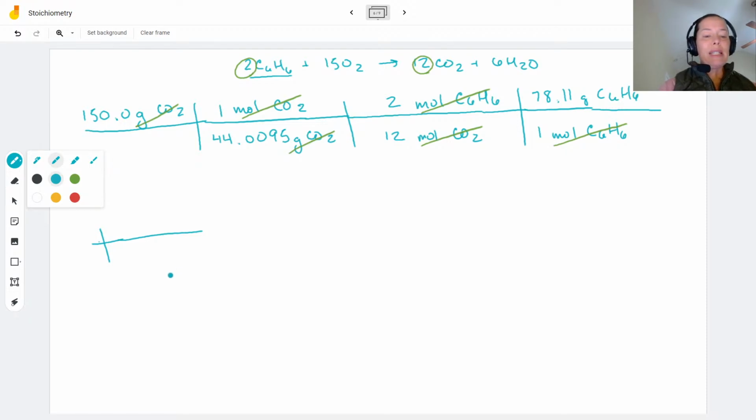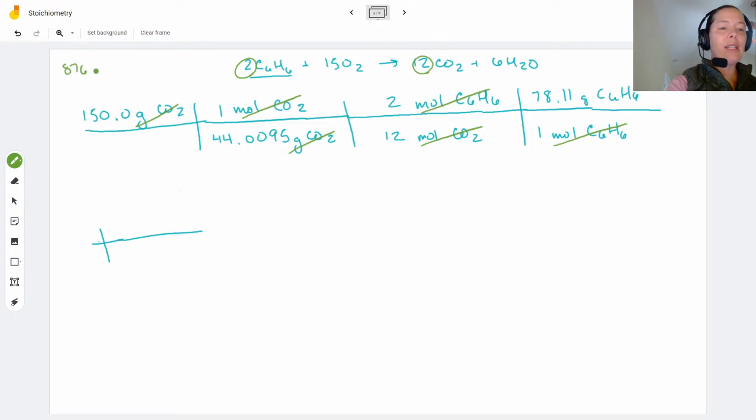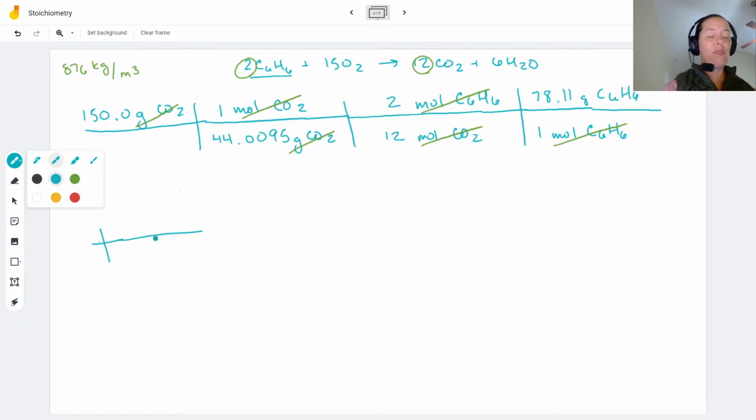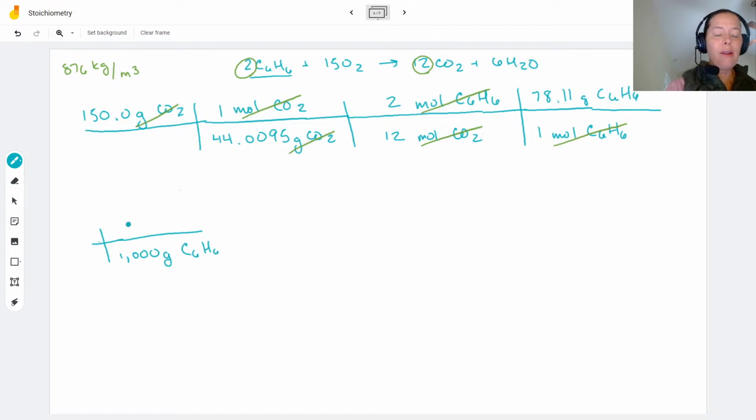But to use my density, so maybe I'll write my density up here. So remember the density is 876 kilograms per meter cubed. So it's got kilograms in it right now. I'm in grams. So I'm going to do a quick conversion into kilograms. So for every 1,000 grams of benzene, that is 1 kilogram of benzene.